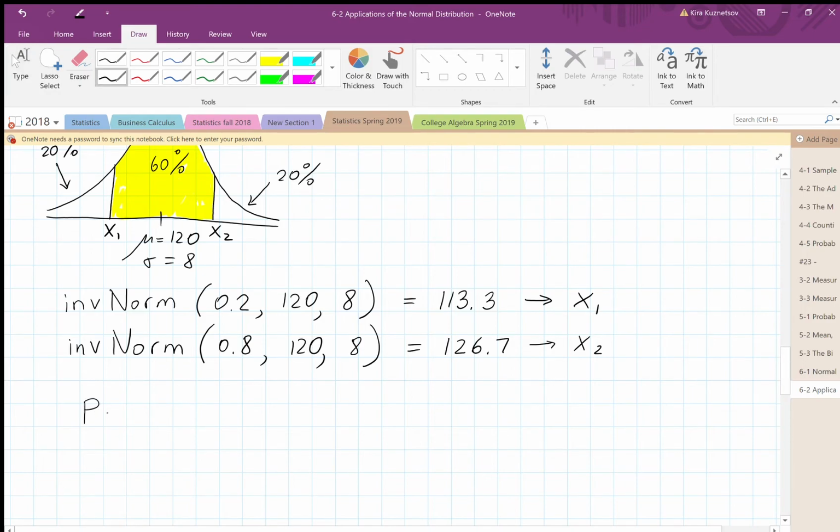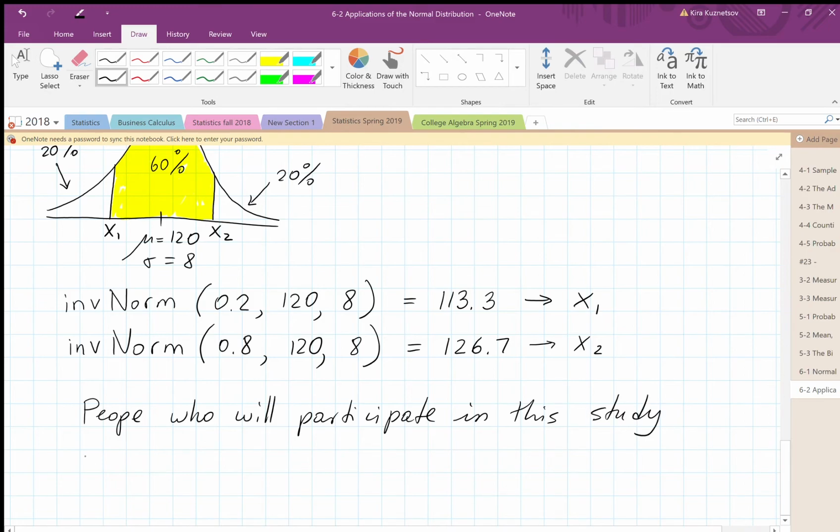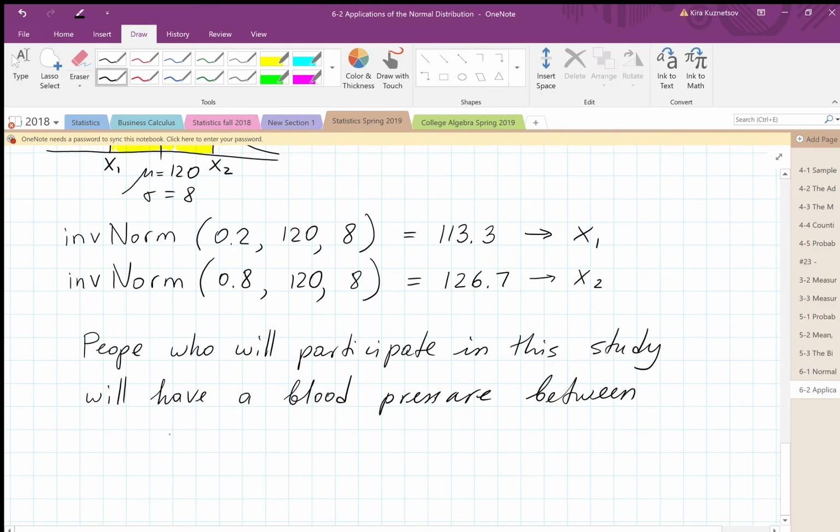So, people who will participate in this study will have a blood pressure, and now you round, between 113 and 127.